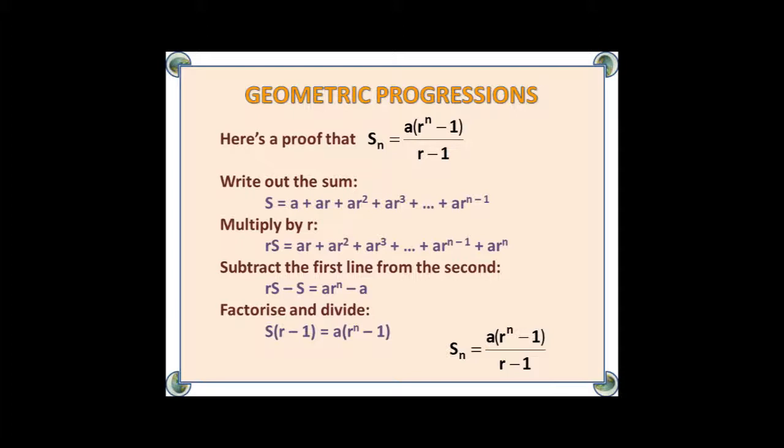We subtract the first line from the second to get RS minus S equals AR to the n minus A. Then we factorise both sides, so we get S times (R minus 1) equals A times (R to the n minus 1), and then we divide both sides by R minus 1.